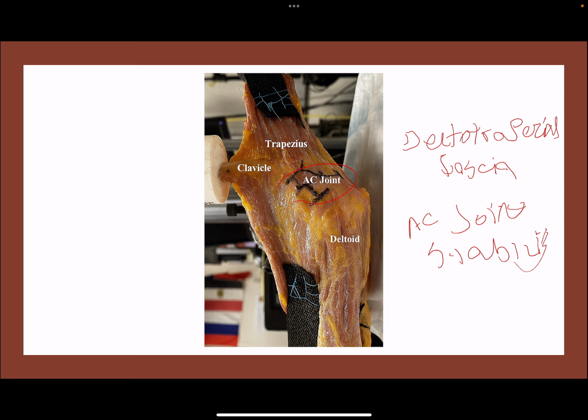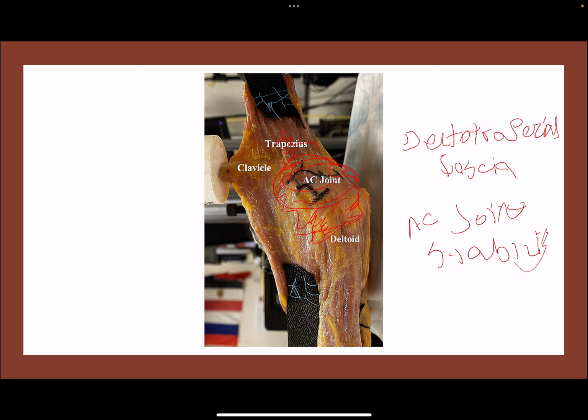Let's go in deep. The deltotrapezial fascia covers the AC joint, shown here in yellow color.